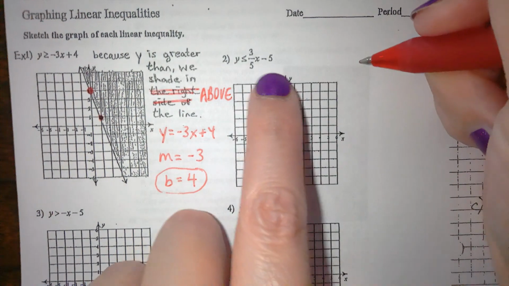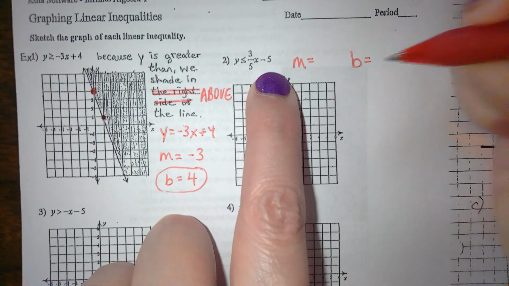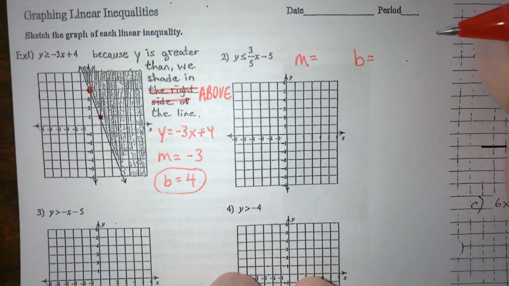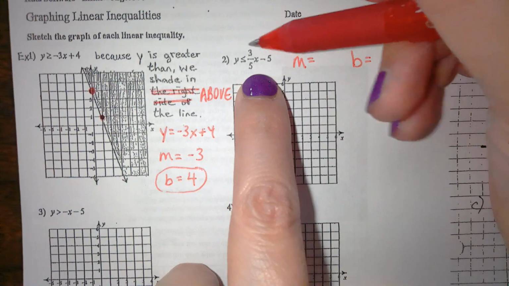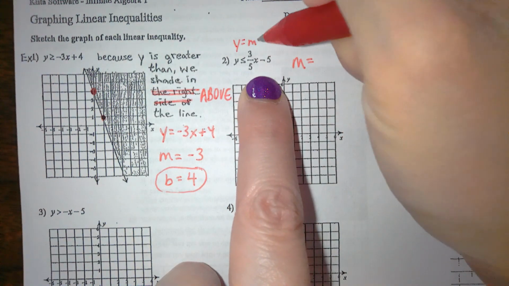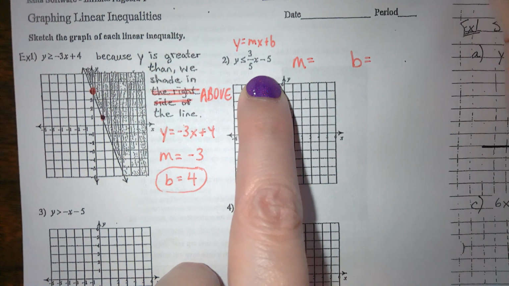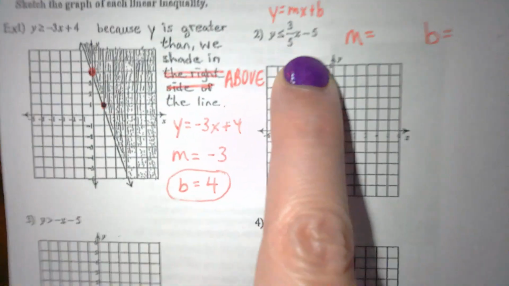Okay, then let's try this one. What is m and what is b? Looking at this equation right here, y equals mx plus b. What is m and what is b? I'll zoom it in.